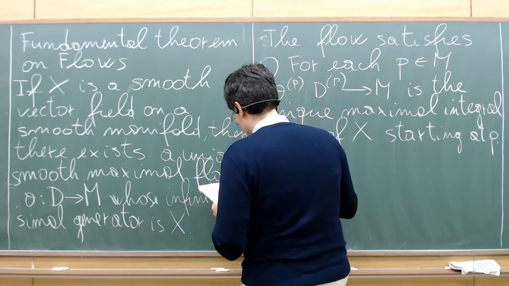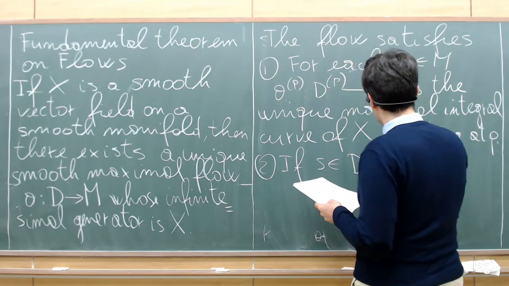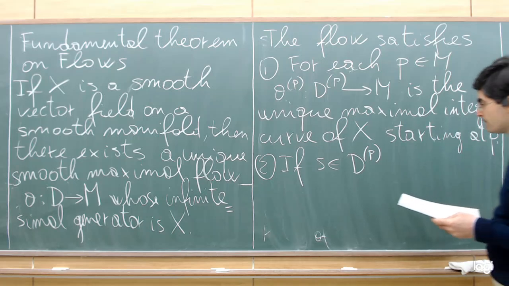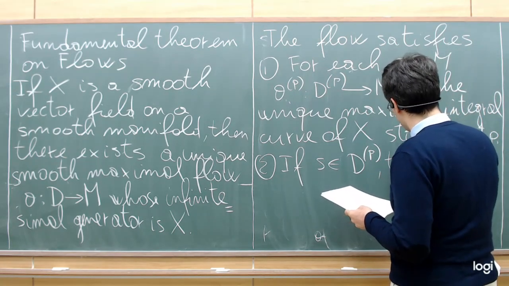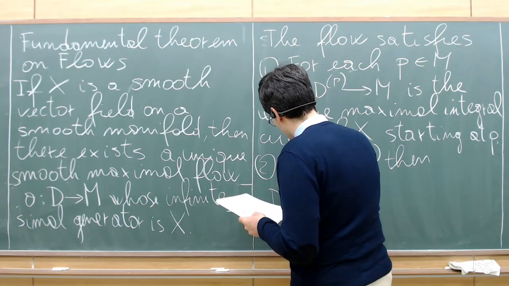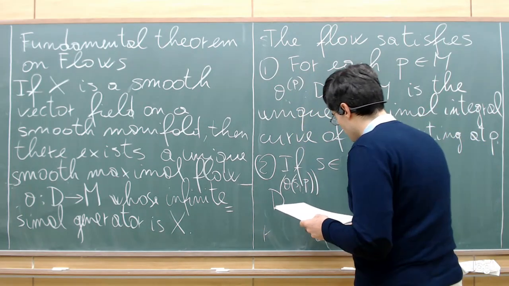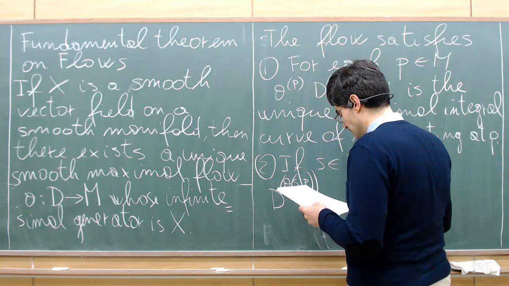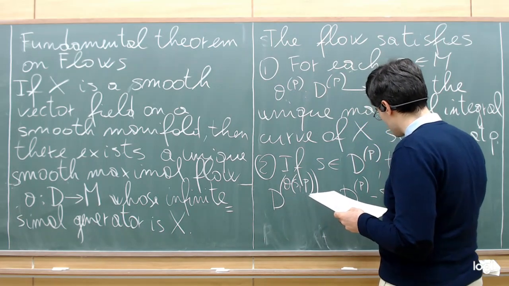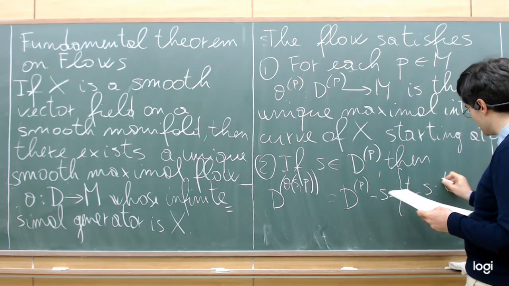2. If s belongs to D_p, then D_(theta_s(p)) is equal to D_p minus s, that is, t minus s such that t belongs to D_p.